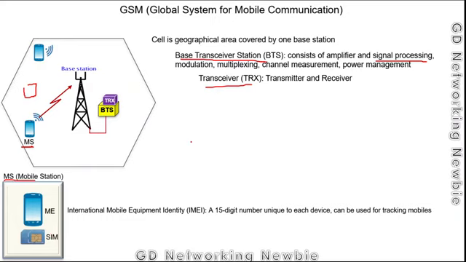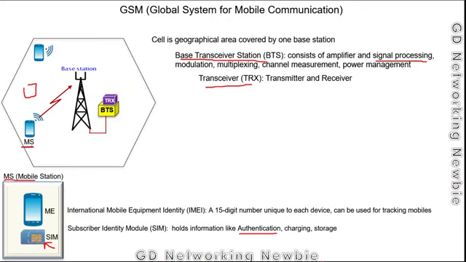And then we have the SIM, which stands for Subscriber Identity Module, and the SIM holds information about the user. For example, if I purchase services from a mobile operator, then my identity will be saved in this SIM. My authentication will be handled, and charging information, like how much balance I have or how much money is in my package, will be stored in this SIM.